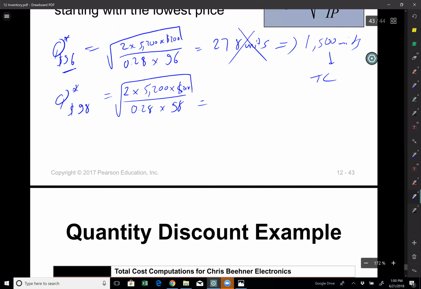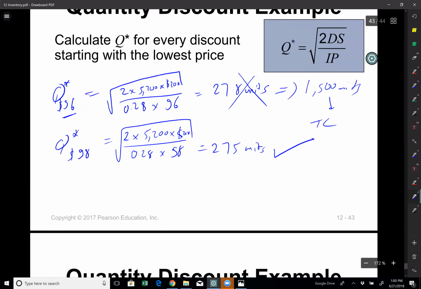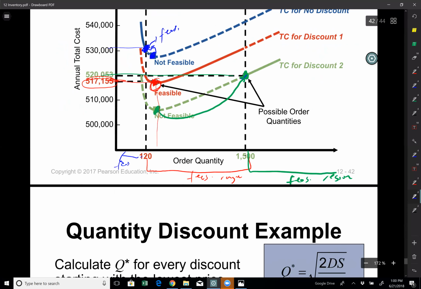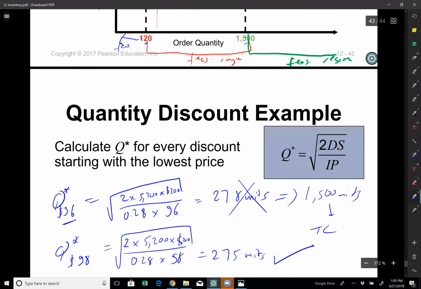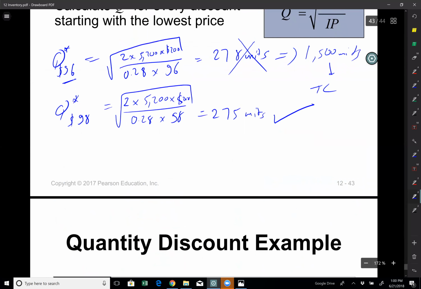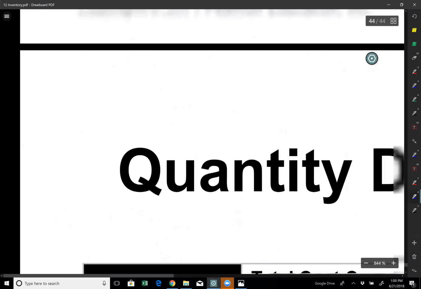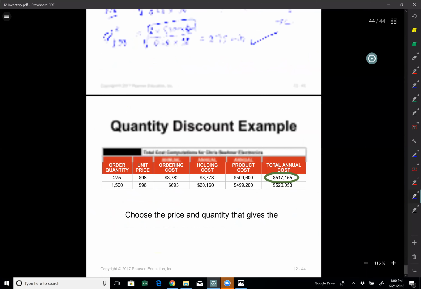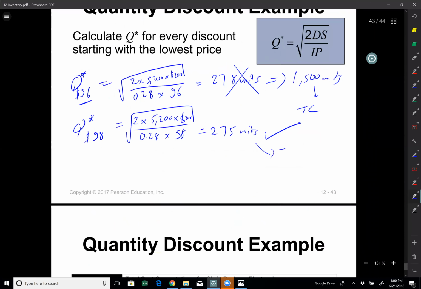That would give me 275 units, which is in the feasible region because the $98 feasible region is between 120 and 1,500 units. And I can plug that value into my total cost as well to find my total cost.